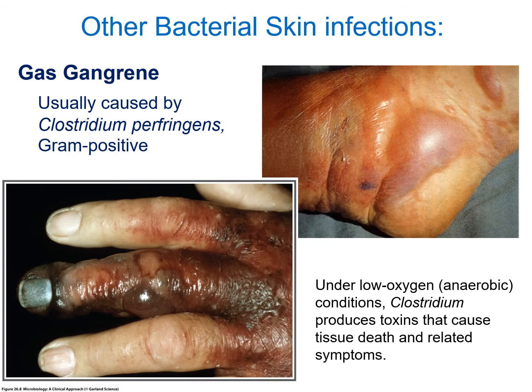Some other skin infections and some rather nasty photos here. Gas gangrene. This is a condition where we've had an infection that is killing cells. It's destroying cells. This creates an anaerobic environment under the skin surface. We have gases that are being produced by the bacteria, and the gases are forming these blister-like structures. So Clostridium is one of the genera that's responsible for this.